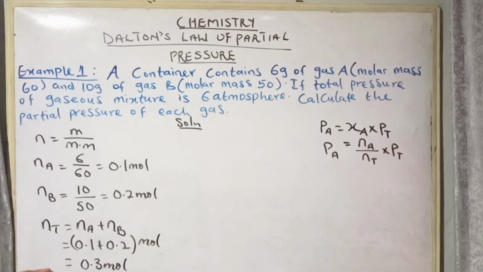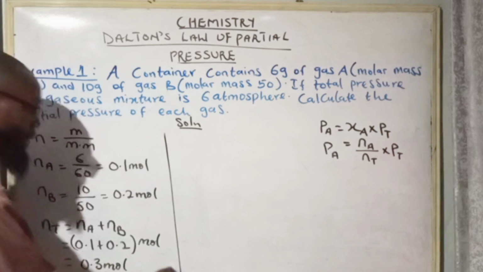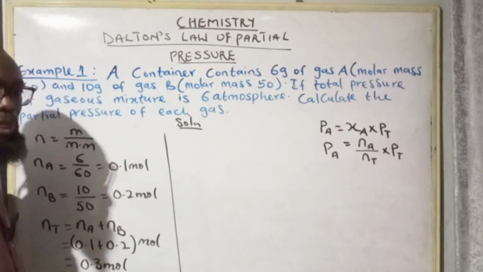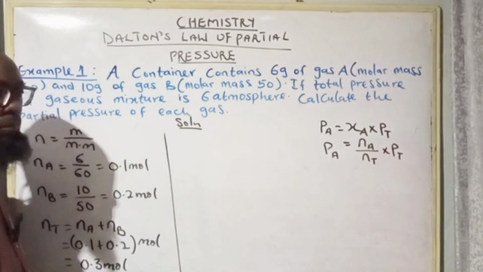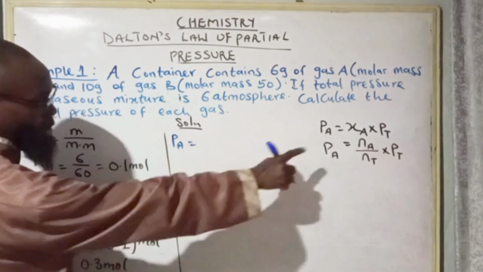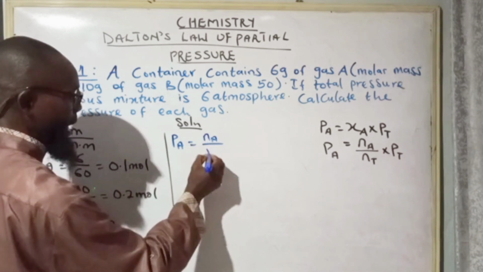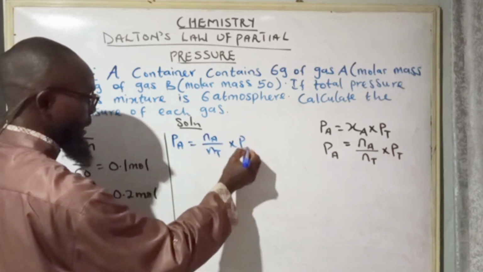Now, if we have 0.3 mole, we can then calculate the partial pressure of each of the gases, PA and PB. Partial pressure of A will equal NA over N total times PT.